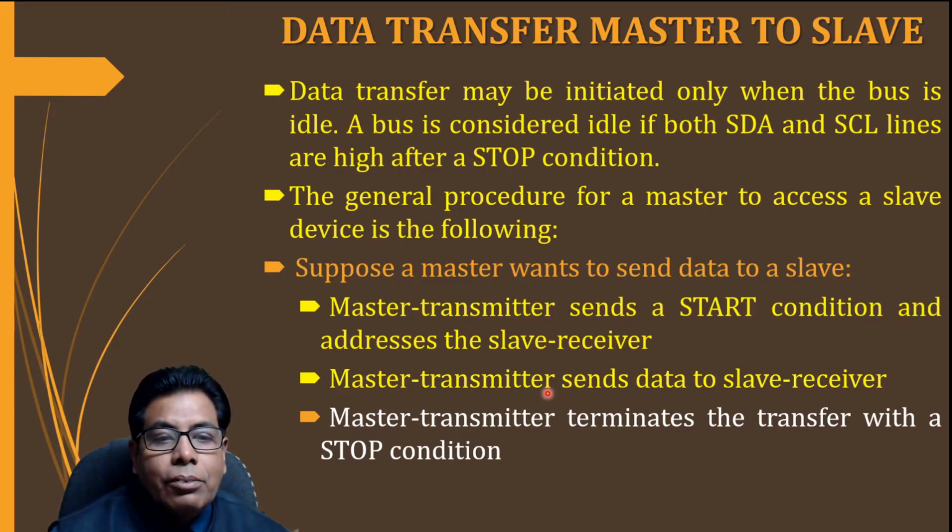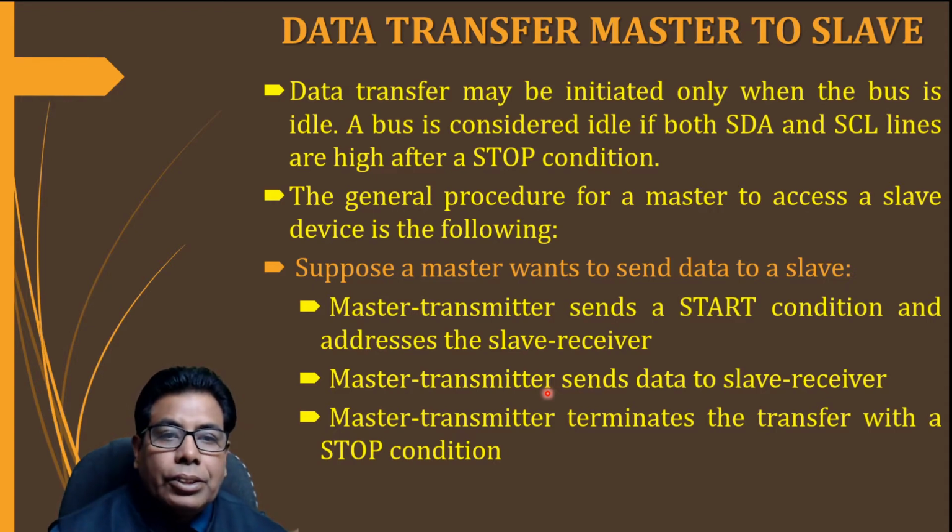This data will be 1 byte, that is 8 bit. And after that the master terminates the transfer with a stop condition. So these are the general steps: the start condition, address, then the data is sent.